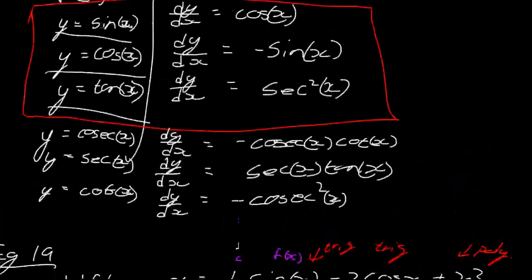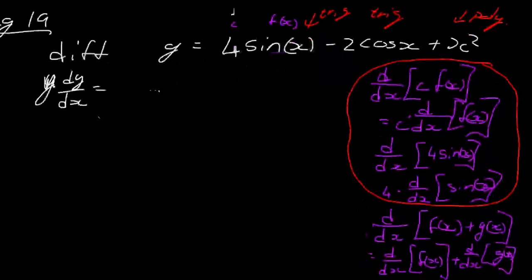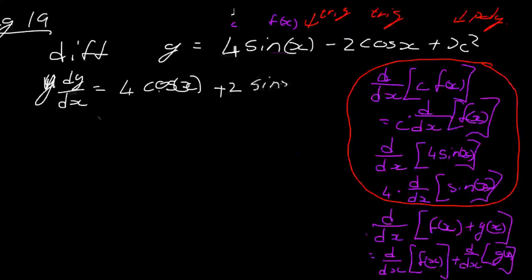Here we've got sine x, the derivative is cos x, so it's an easy differential. So that is 4 cos x. We've differentiated our first term. The next one is minus 2 cos x. The derivative of cos x is minus sine x, so we get a plus there, because minus 2 times minus gives us a plus. So plus 2 sine x.